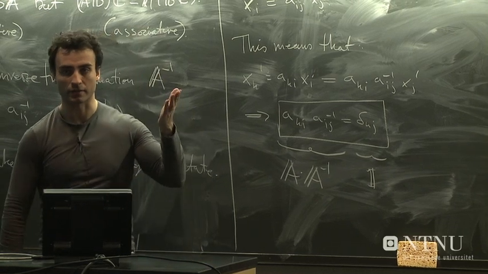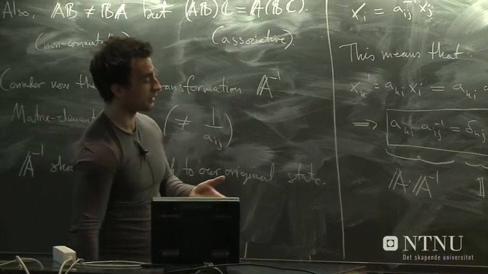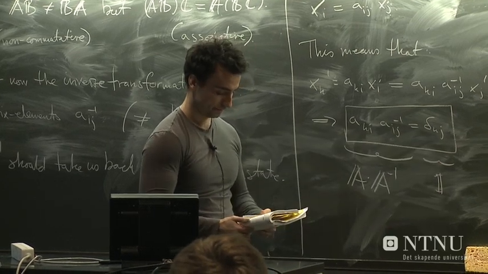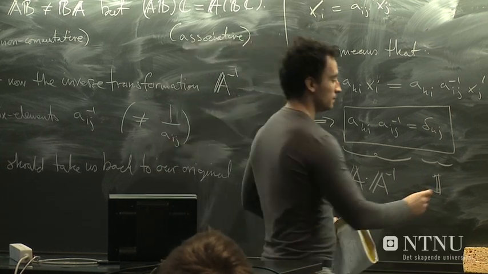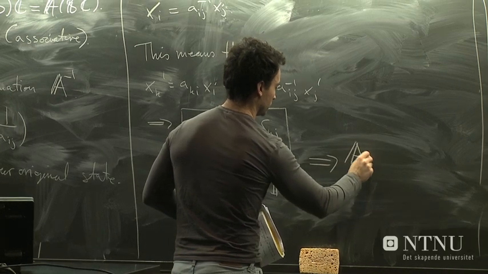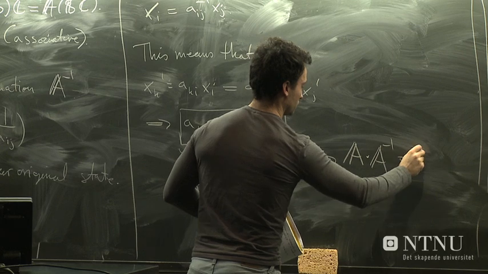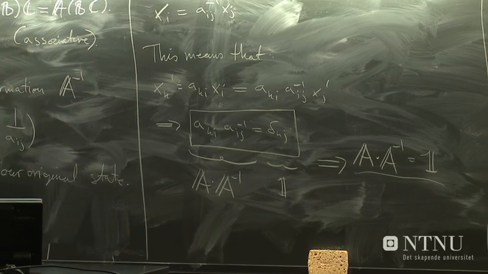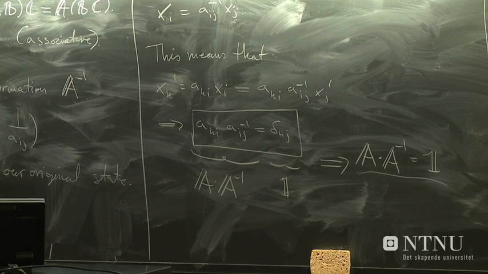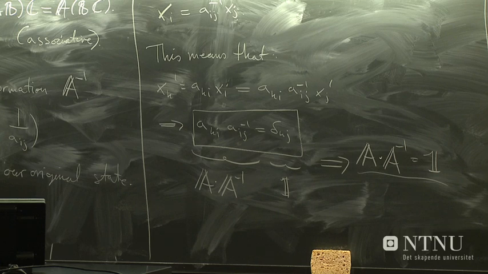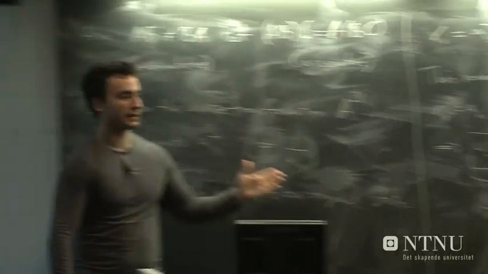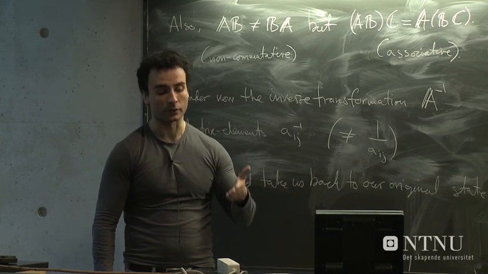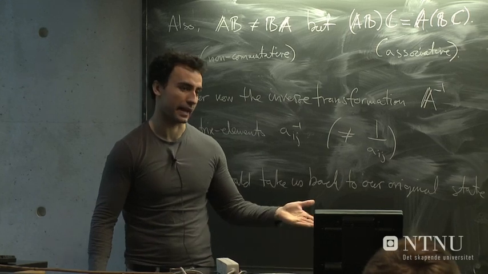The identity matrix has non-zero entries only along the diagonal, which can be written like this, the Kronecker delta. So we have this relation: the transformation matrix A multiplied with the inverse transformation has to be equal to the identity matrix. And this makes sense because we just stated here that the inverse transformation has to take us back to the original state. So it's like acting on our original state with the identity matrix. Nothing happens.